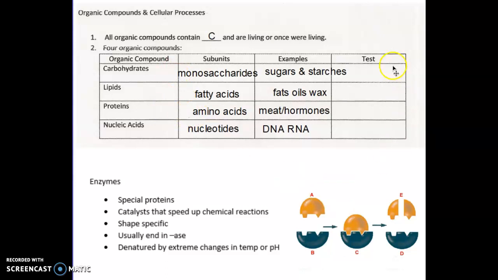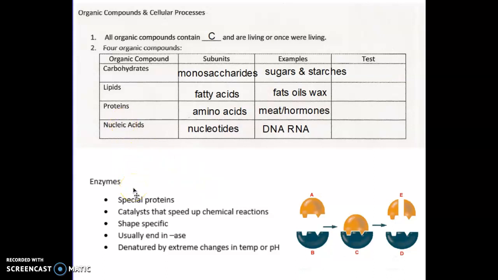The test for these compounds hasn't been on the exam in a long time, so that part is left blank. You really just have to know the examples, and most importantly, you have to be able to match these.